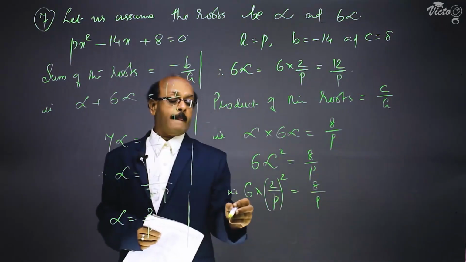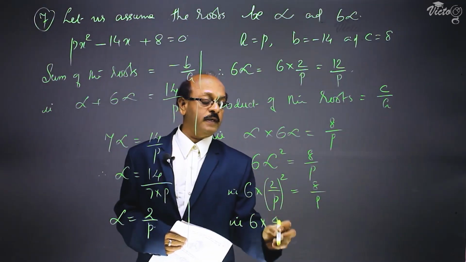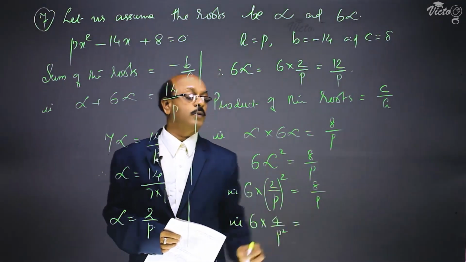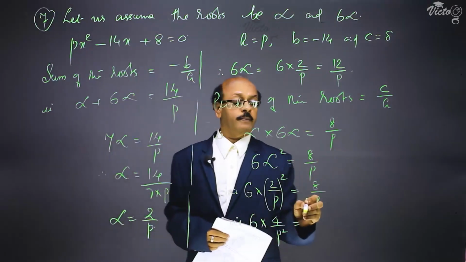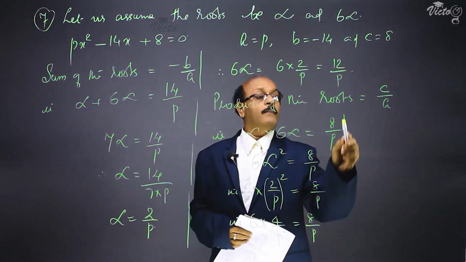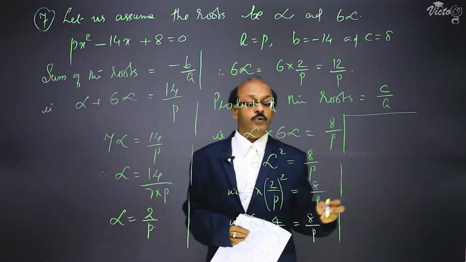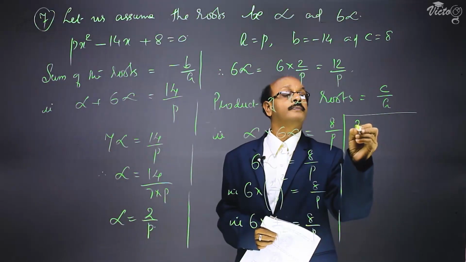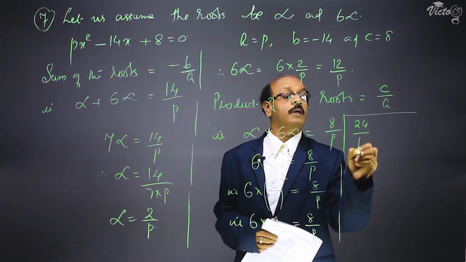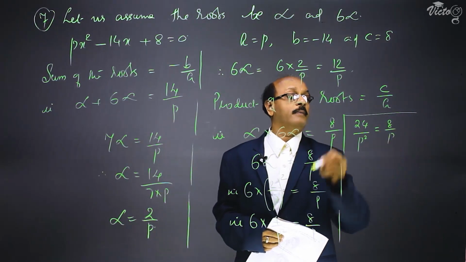That is 6 into 4 by p square is equal to 8 by p. Six into 4, 24 by p square is equal to 8 by p.